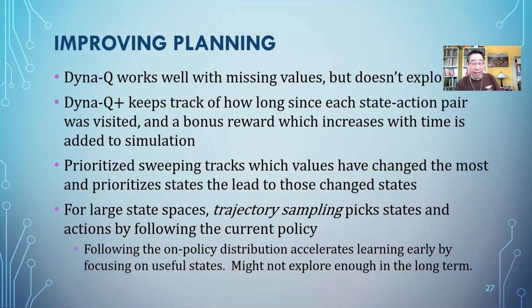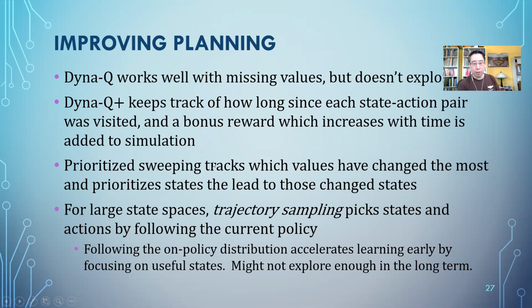And assuming nothing's changed and they actually still have a very low value, then as soon as you try it, your time resets to 0, and then the reward value will still be low, and so it won't go there again. But if it finds a new thing that now has a high value, it can update. So basically, this Dyna-Q Plus does more exploring than Dyna-Q.